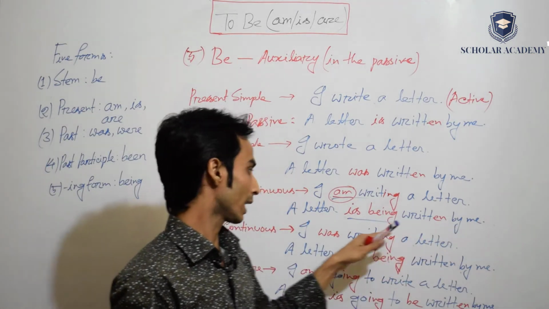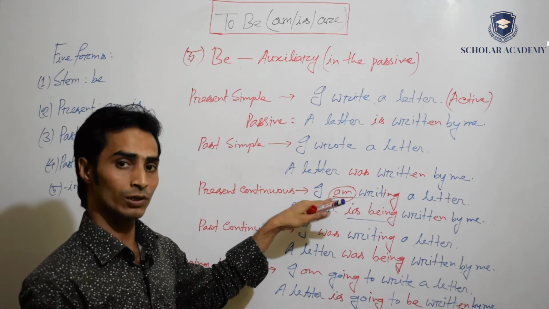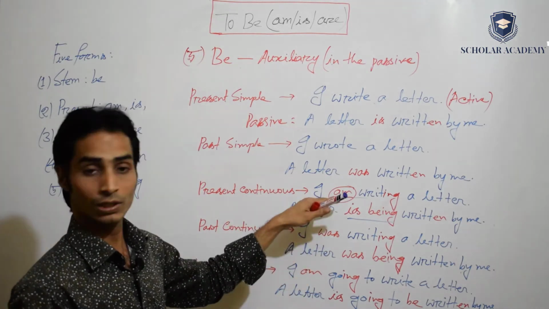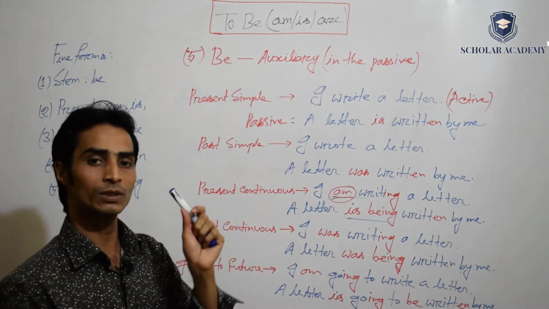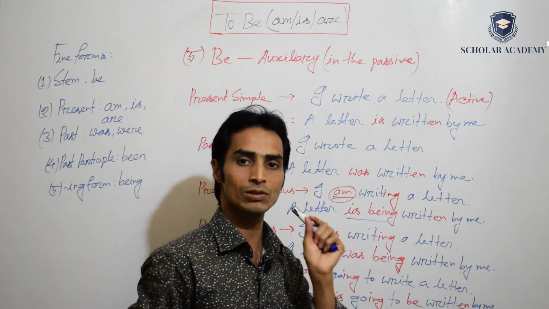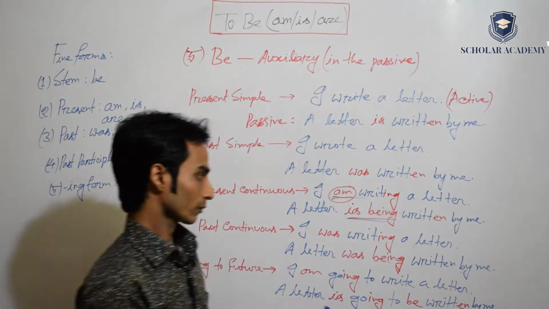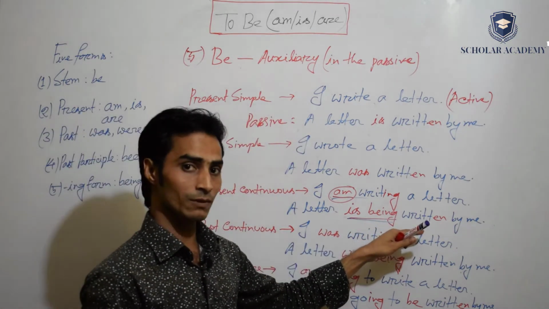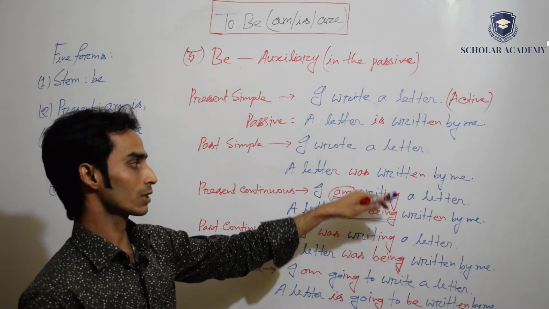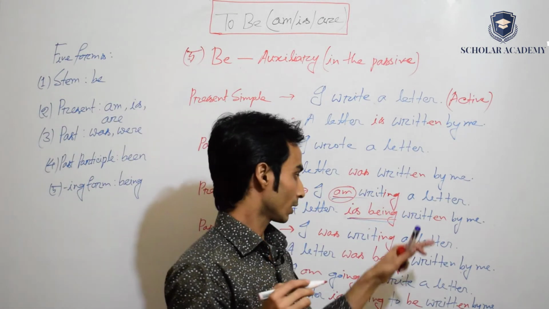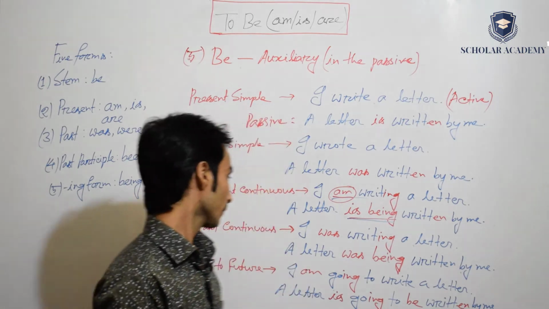Already I have told you that when the sentence is in progressive or continuous tenses, passive, you will have to use be twice, okay, is being, and it follows the past participle. That means every passive sentence will follow the past participle of the verb.